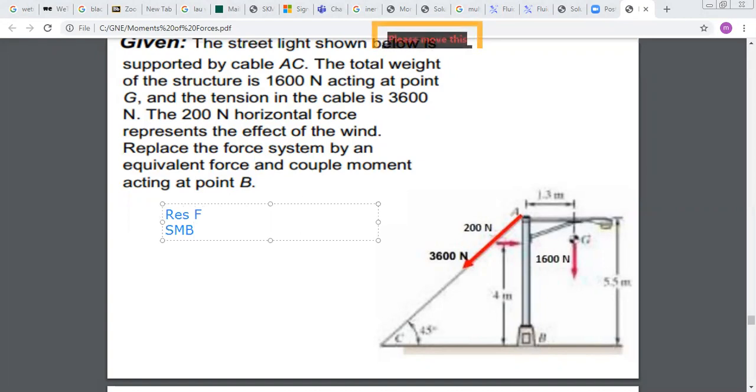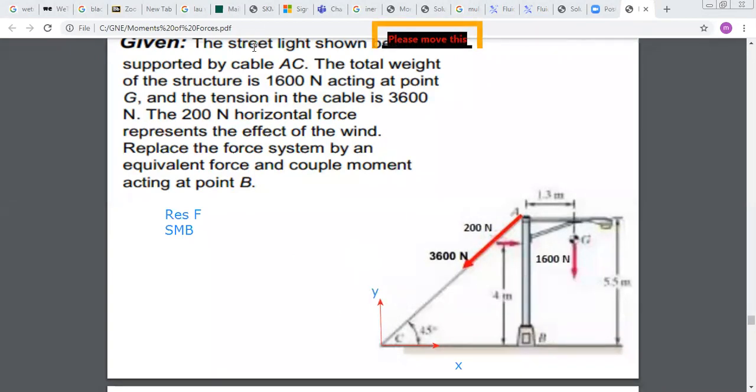Now, for the first step, to find the resultant force, we will find the resultant x, the resultant y, and then we do the radical of Fx squared plus Fy squared. So here, this is my x-axis, and this is my y-axis.